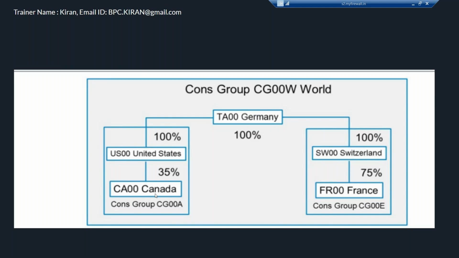Only the equity changes we consider. However, German investment in US is 100%, and Switzerland investment in France is 75%. So for all these four entities, the 100% balance sheet and P&L statement we will consider for the consolidation.